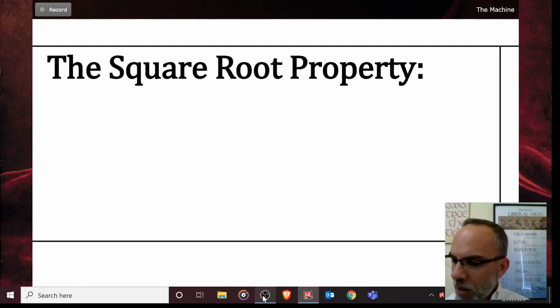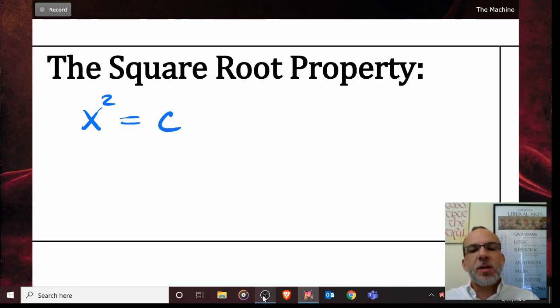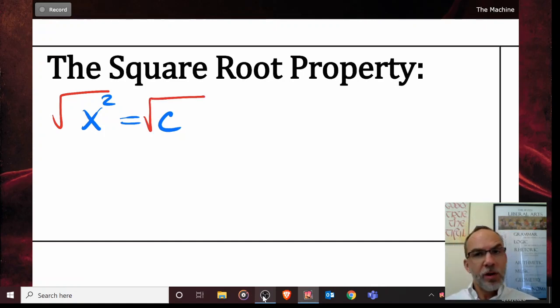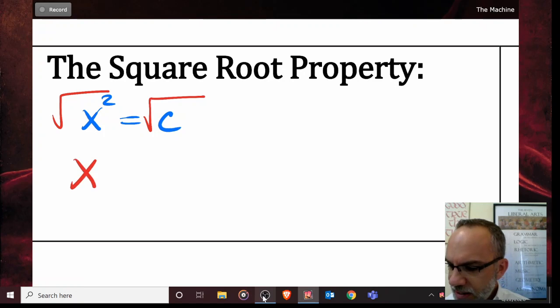The square root property basically says if I have something like x squared equal to c, where c is just some constant, and I square root the left-hand side and the right-hand side, the square root and a square are inverse operations, right? They cancel each other out. So on the left, I would just get x, and on the right, I would get positive and negative the square root of c.